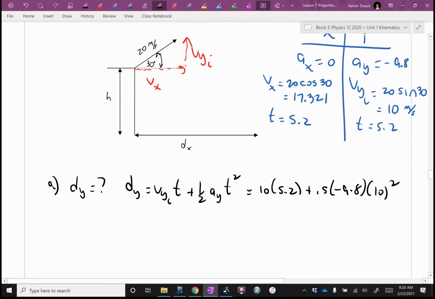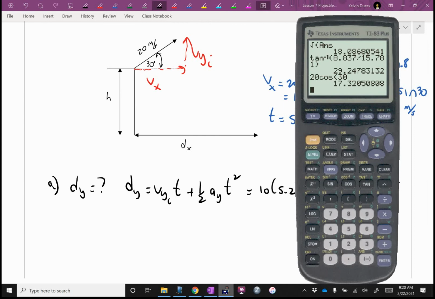Quick, you might be able to do this in your head. 10 squared is 100. Half of 100 is 50. 50 times negative 9.8 is negative 490. 10 times 5.2 is... I'm doing something wonky. 10 times 5.2. Oh, that I can do in my head.